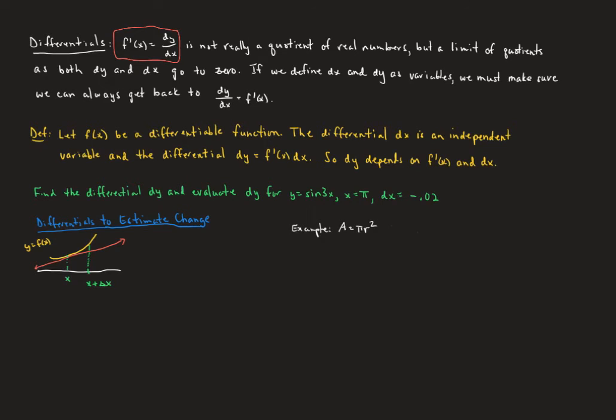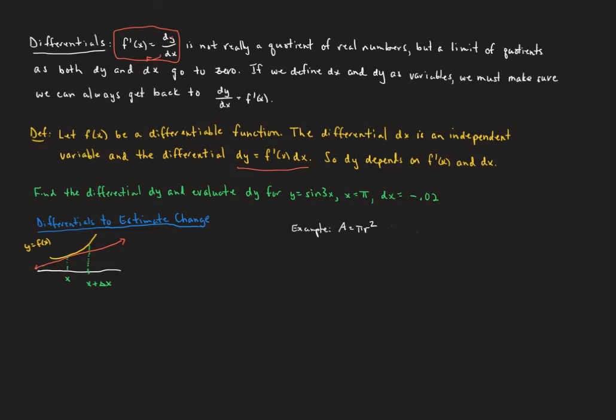All we did was say dy dx is equal to f prime of x, and then multiply that dx to the other side, and that's what led to this expression. So we say then that the differential dy depends on f prime of x and dx. So dx is the independent variable, and then dy we get to find.